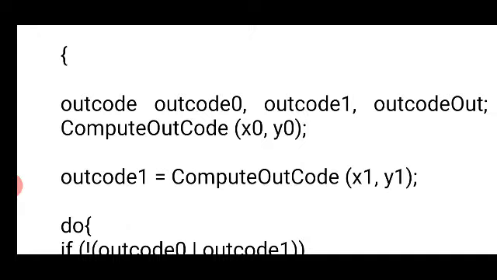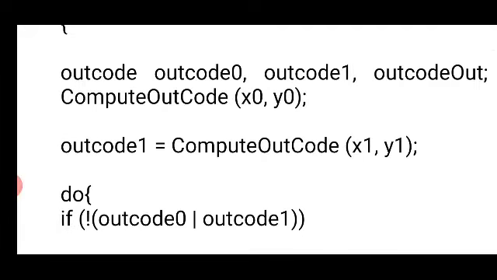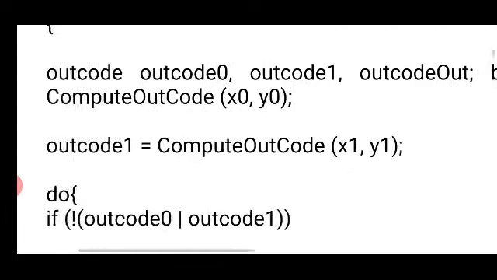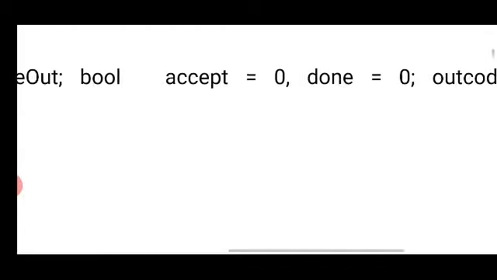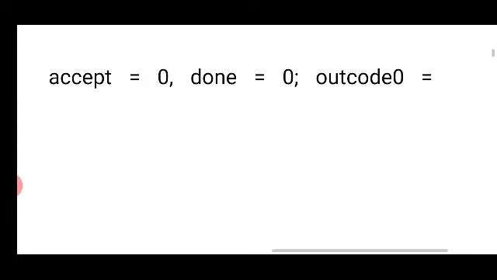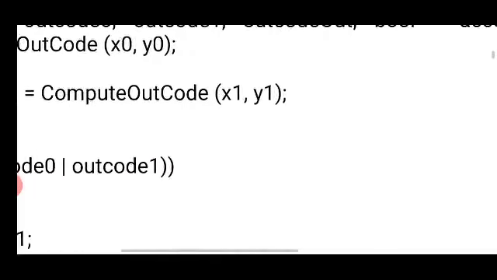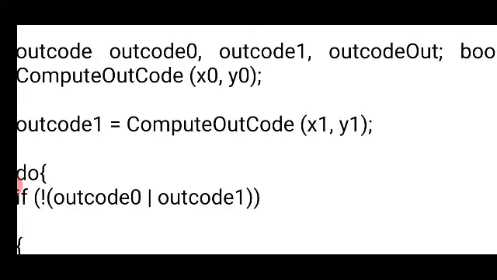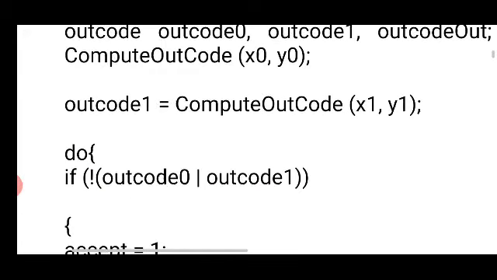For that we call the compute out code function for both endpoints: first for x0, y0, and similarly for x1, y1. Now we have two out codes, outcode 0 for x0, y0 and outcode 1 for x1, y1.